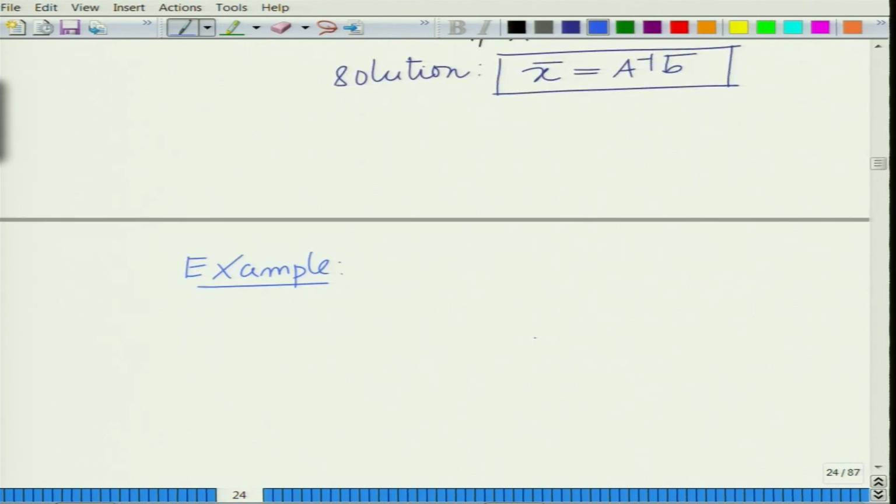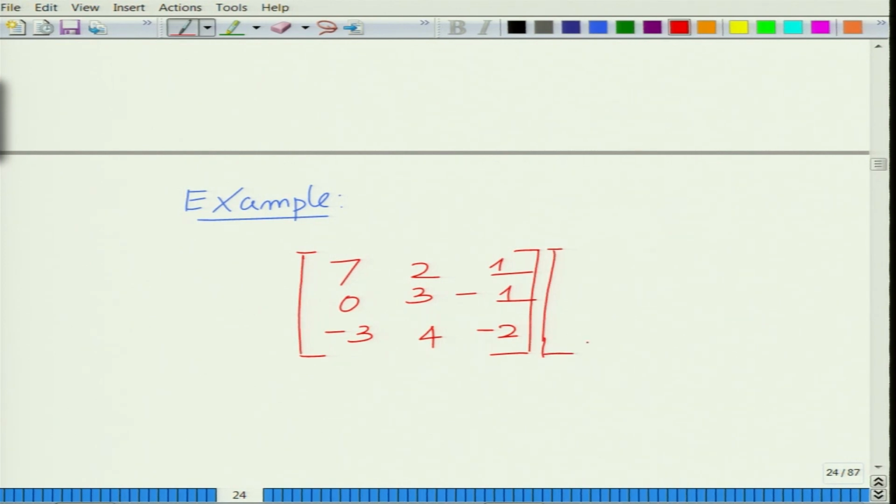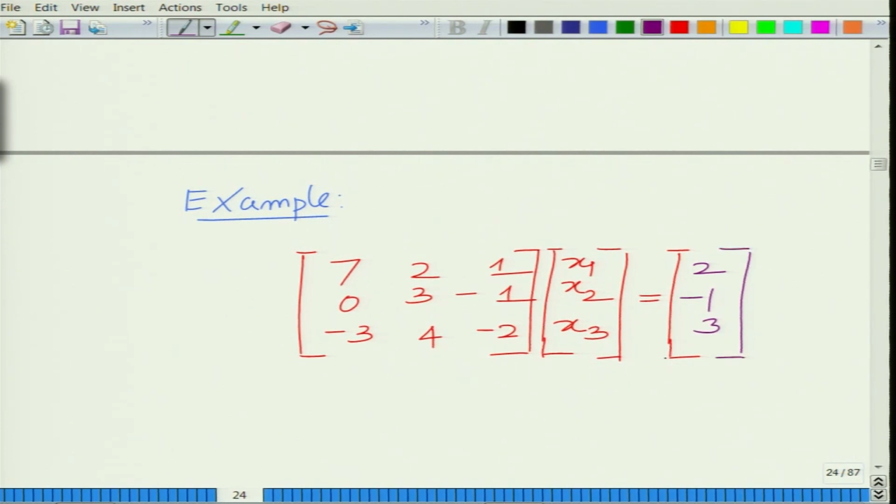For instance, you have, let us say, the matrix, this is the system of equations in 3 variables, right.